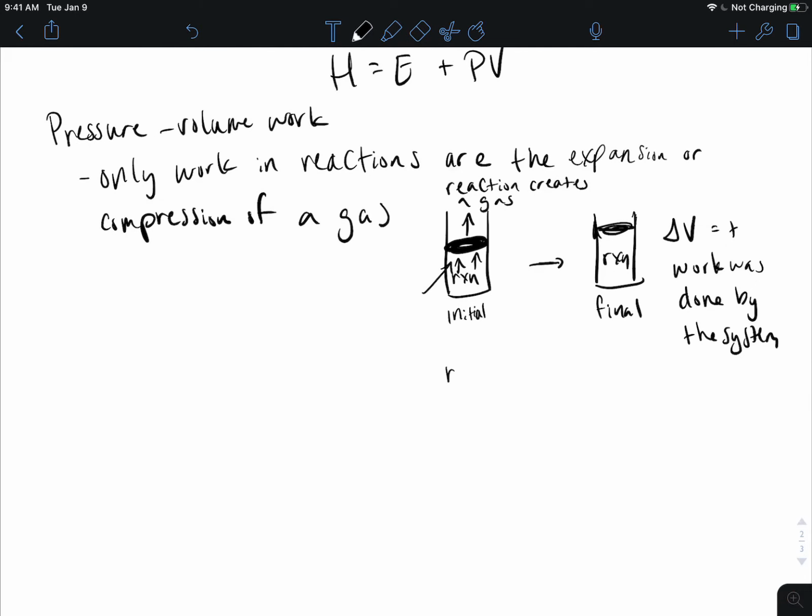We can have the opposite thing occur, right? We can have a reaction that consumes a gas.